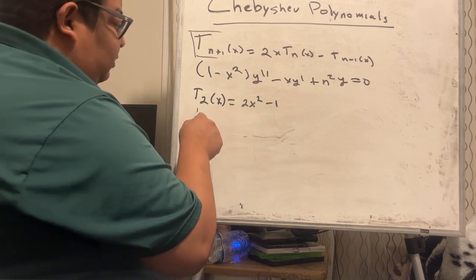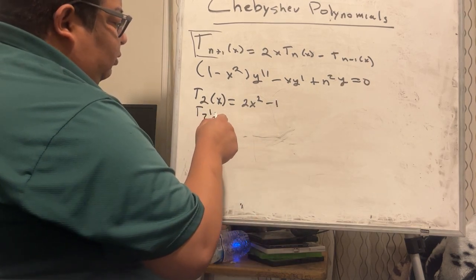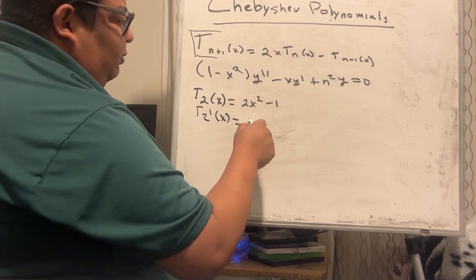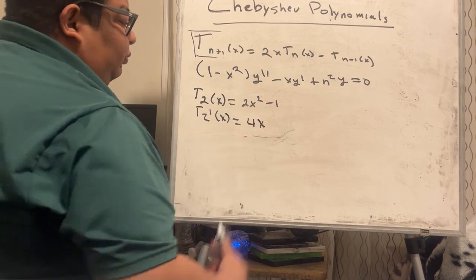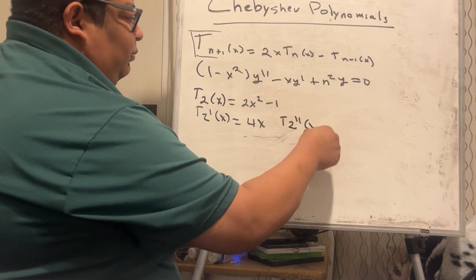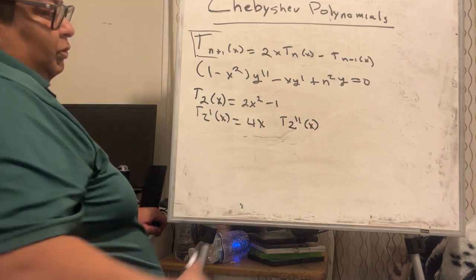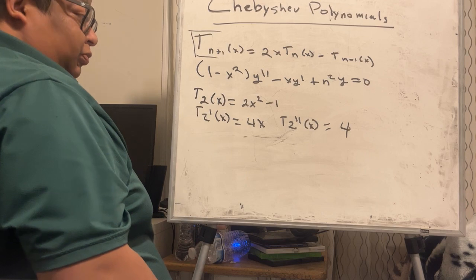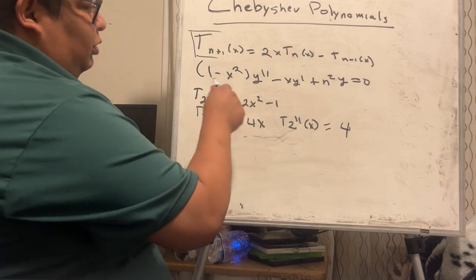That means that T2 prime is the derivative of this, which is 4x, and T2 double prime of x is equal to 4. Now we plug in here.